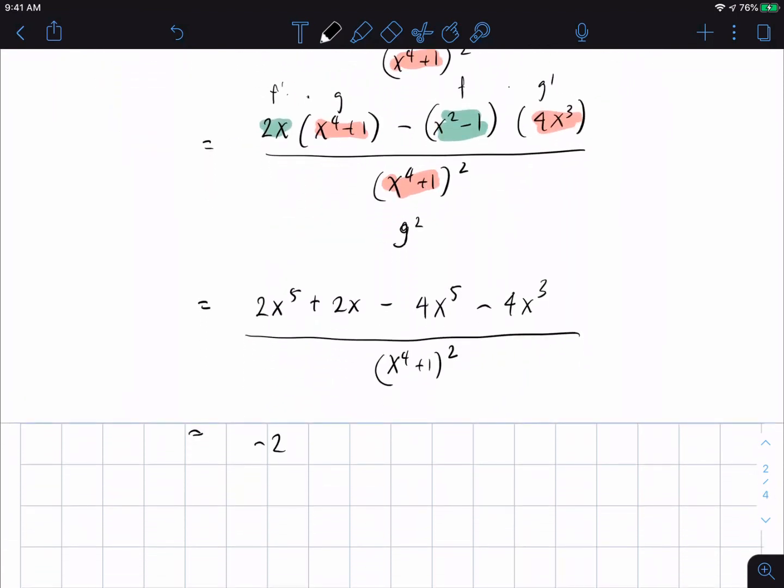And I'm going to end up with a minus 2x to the fifth minus 4x third plus 2x all over x to the fourth plus 1, that quantity squared. You guys agree?